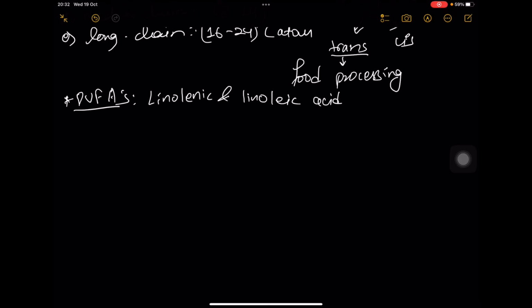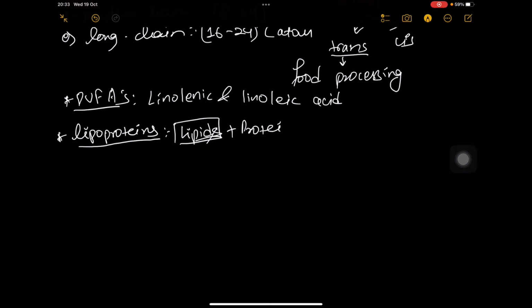Now let's learn about lipoproteins. Lipoproteins are complexes that are formed from lipids plus proteins. They are very important, and we can classify these lipoproteins mainly into four headings.